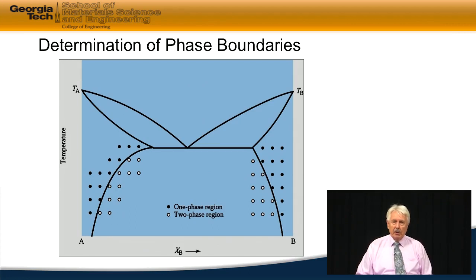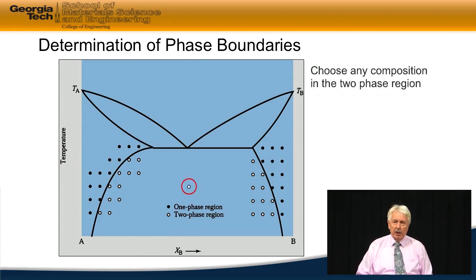Then what can be done is to choose alloys that lie inside of where we predict the phase boundary might be and examine how much of those individual phases we have and what the compositions of the phases are. For example, if we choose an alloy right in the middle of that two-phase field and allow it to achieve thermal equilibrium, we're in a region where we have two phases.